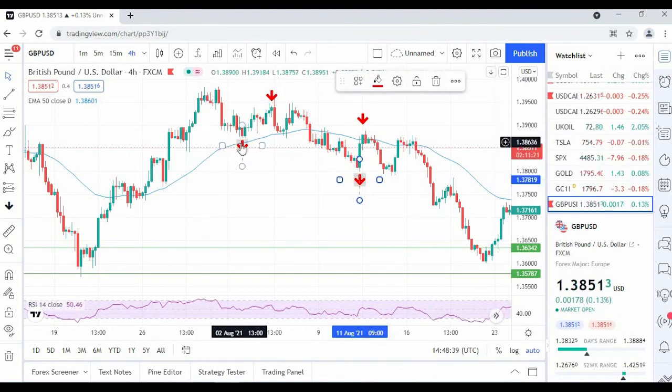So lower high, lower low, lower high, another lower low, lower high. So a series of lower lows and lower highs, right? And this is a downtrend, right? This is where the trend becomes valid.